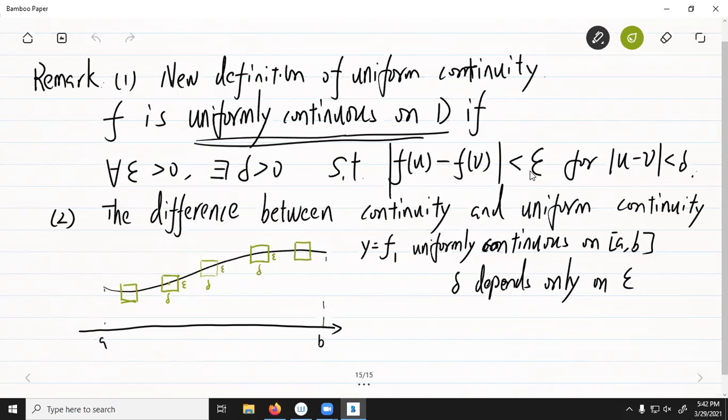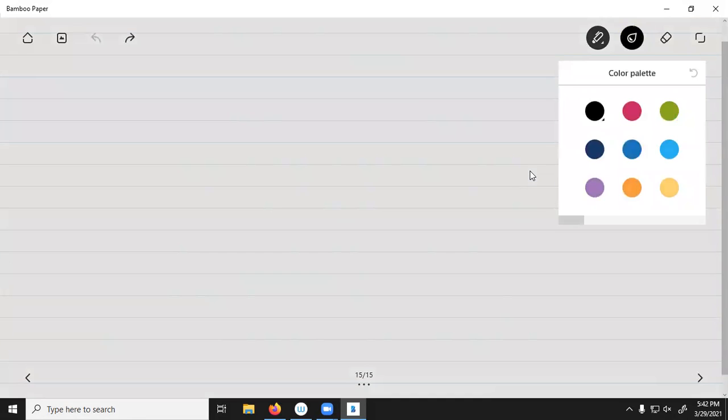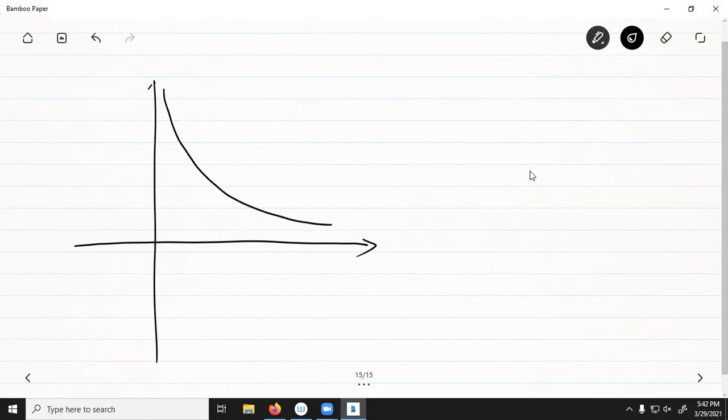But for the other function, the one we said is not uniformly continuous, because it's steep. The steepness increases fast.